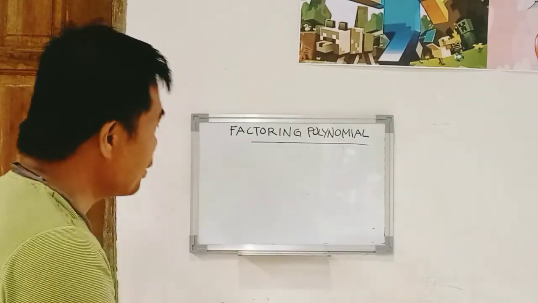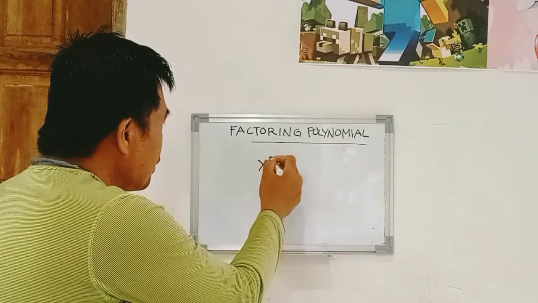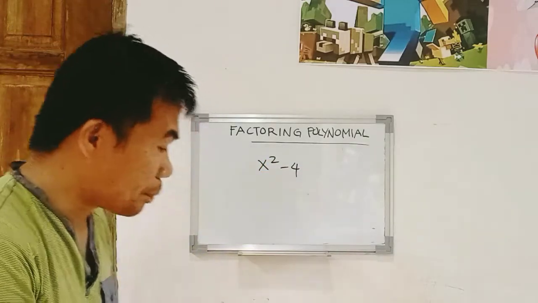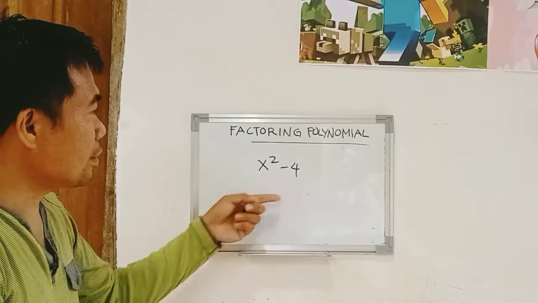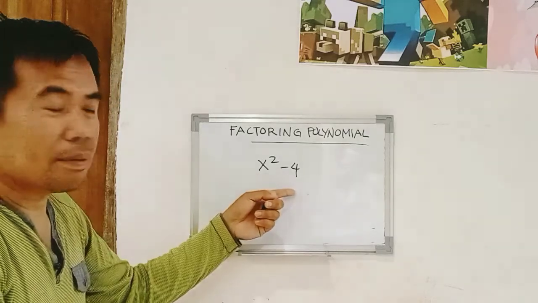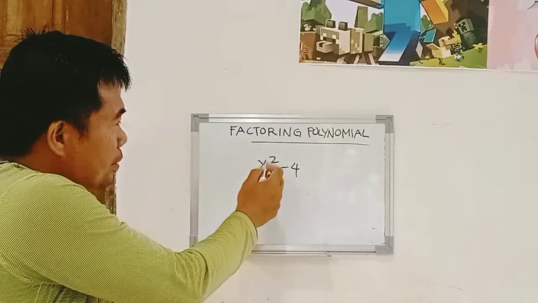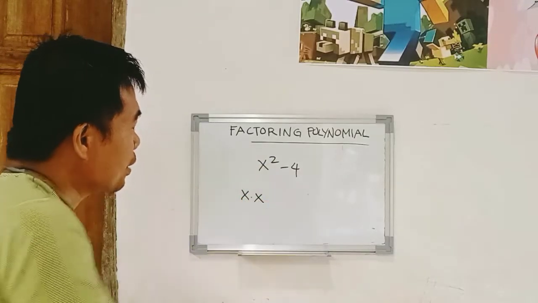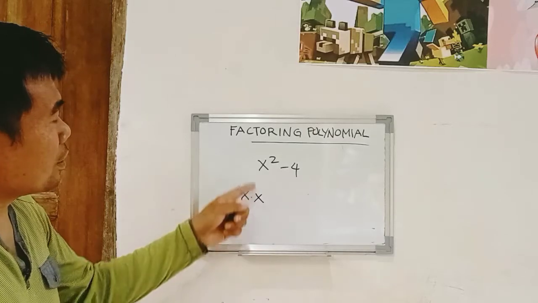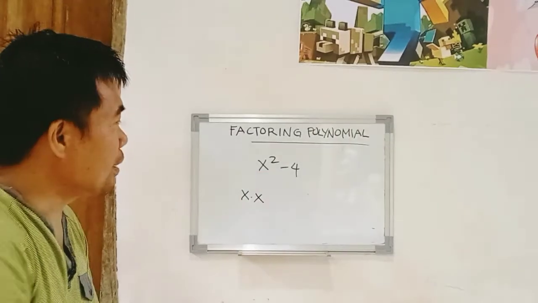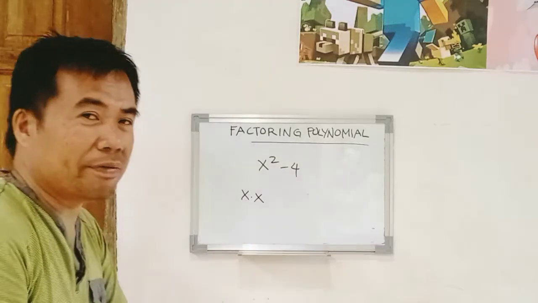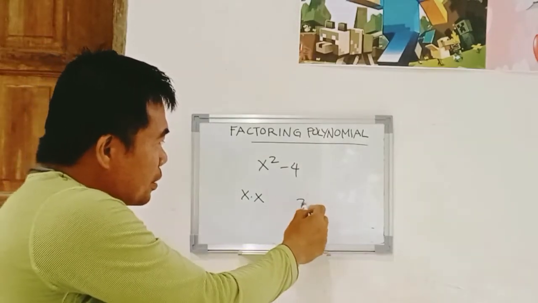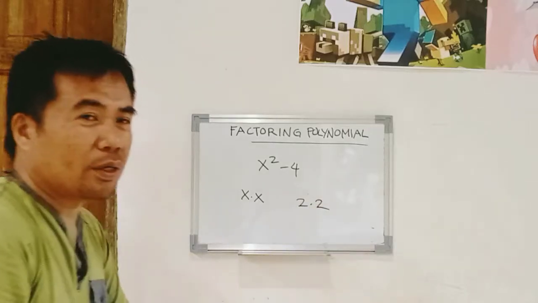Okay, next example is x squared minus 4. So in this example, we can easily identify that the first term is a perfect square, since x squared can be written also as x times x. And 4 is also a perfect square, since 4 could be written as 2 times 2.